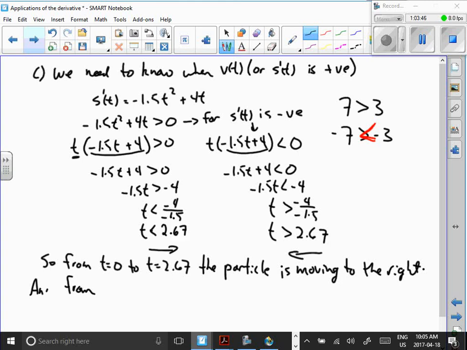And from t equals 2.67 onward, I guess it would be forever, the particle is moving to the left.